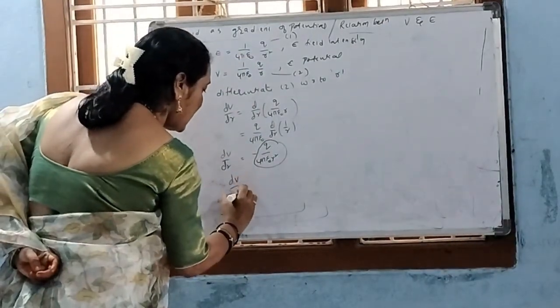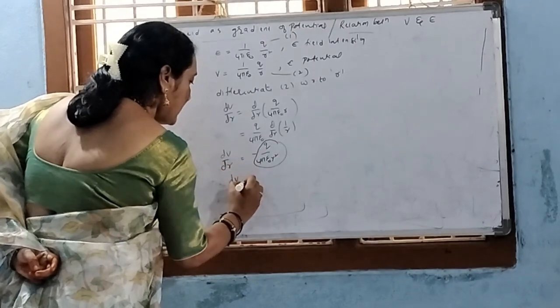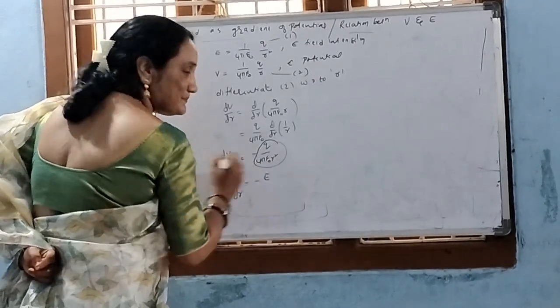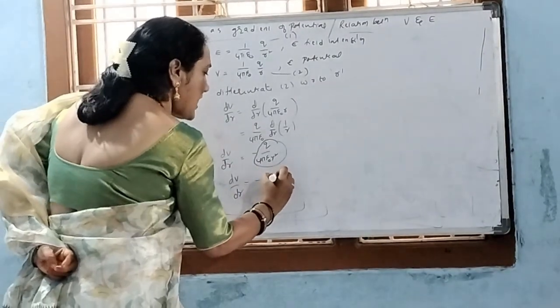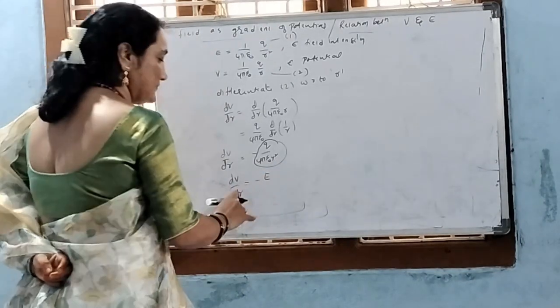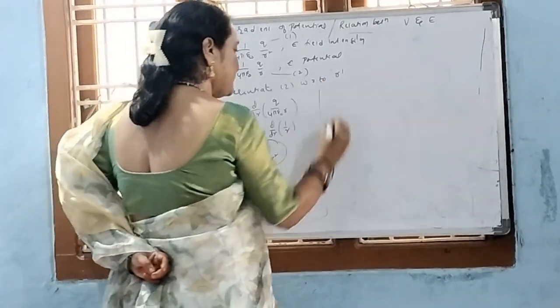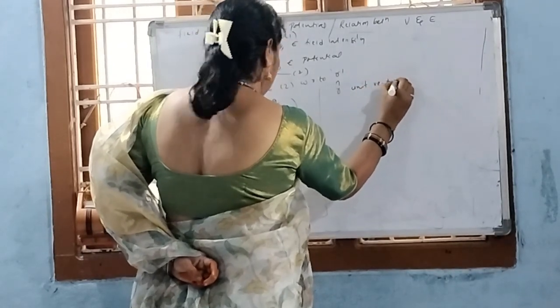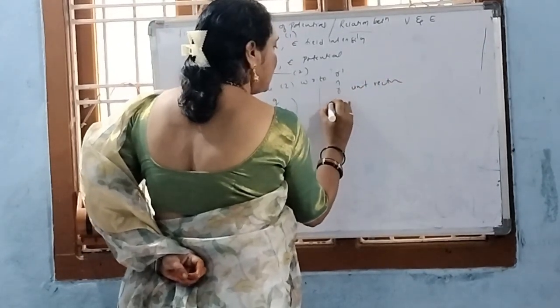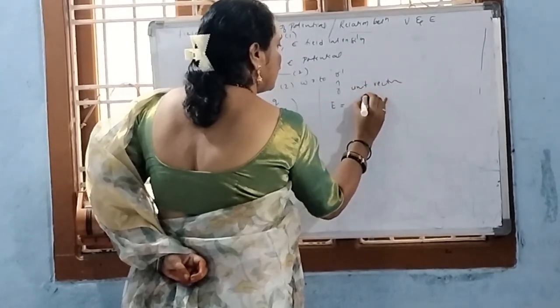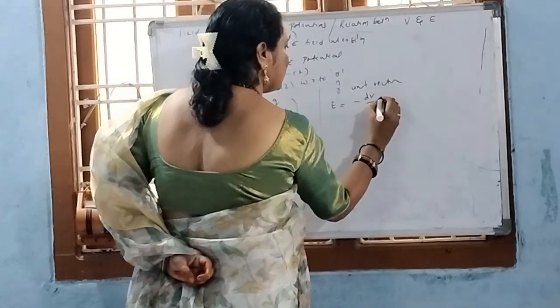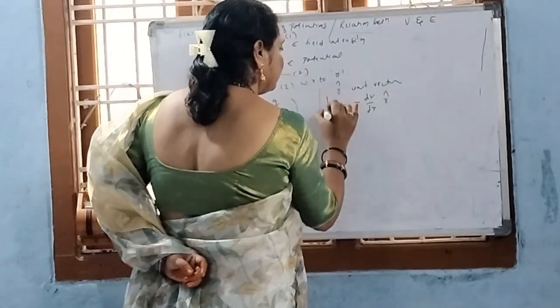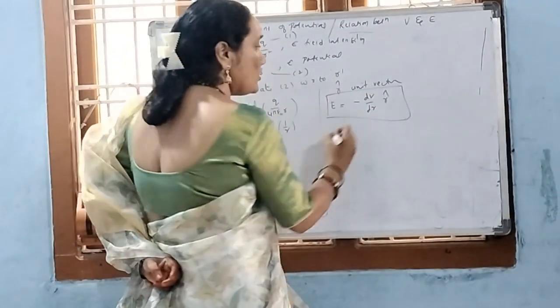So dV by dr is equal to minus E. If r-hat is the unit vector, we write E equal to minus dV by dr times r-hat.